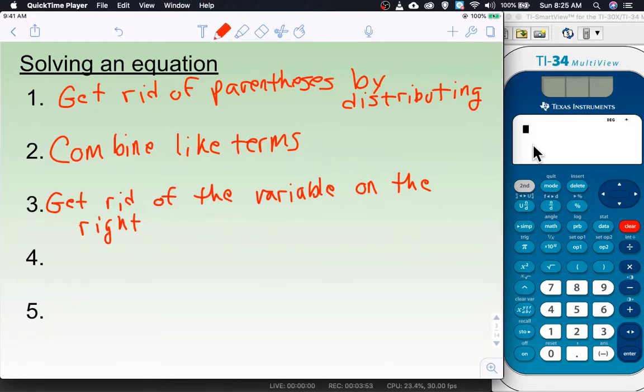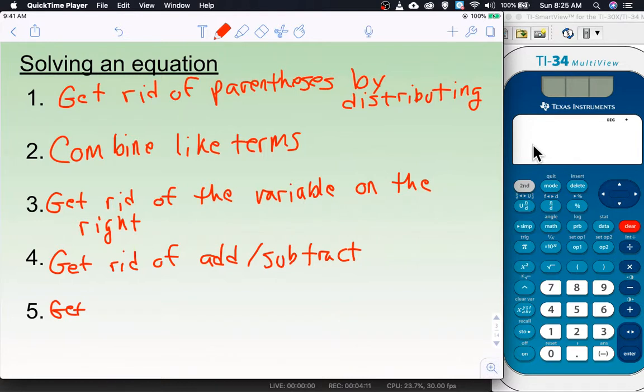The last 2 steps are the same. We're going to get rid of addition and subtraction, and subtract by doing the opposite. And then finally, we get rid of the multiplies and divides.